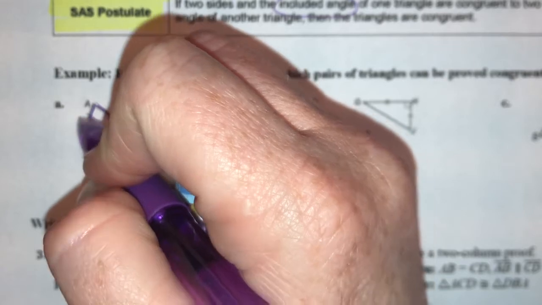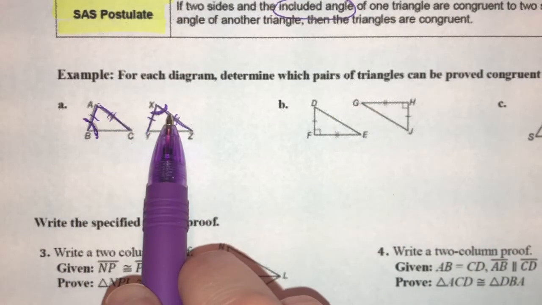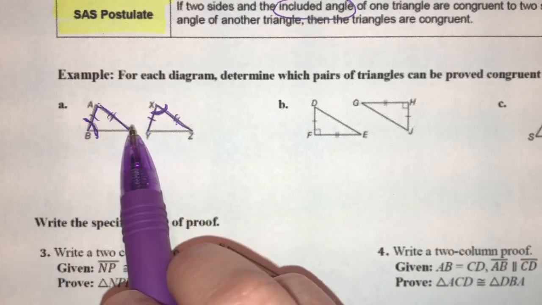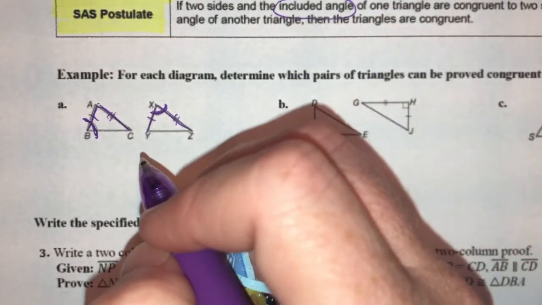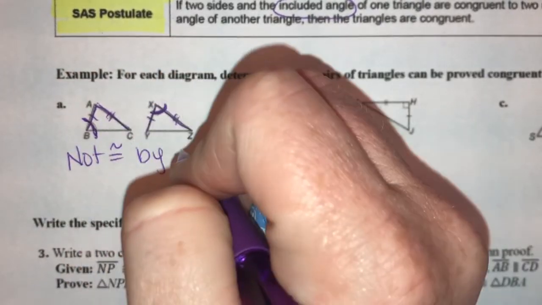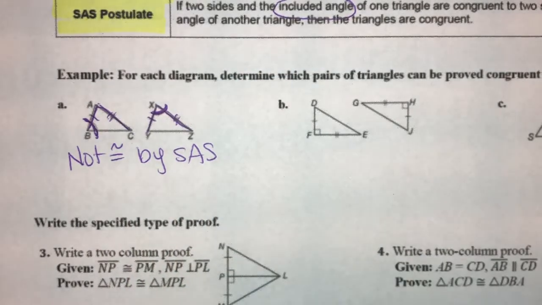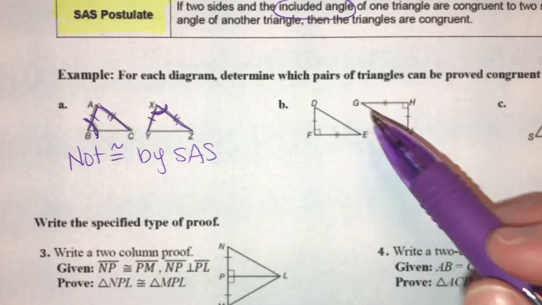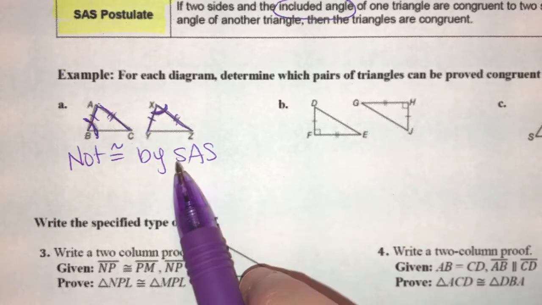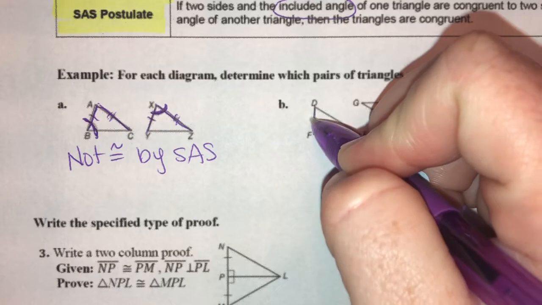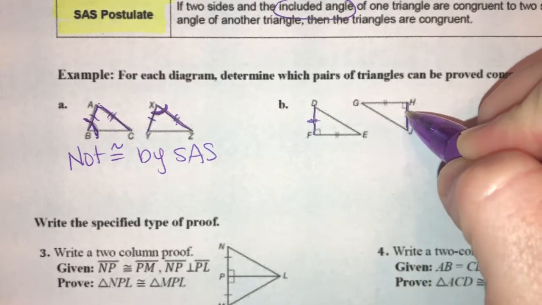Over here, it's a different angle. So since they're not the same, this one's side, angle, side, but this one's angle, side, side, we cannot mark these congruent. Not congruent by side, angle, side. It has to literally have a side, an angle, and a side in order. It doesn't matter whether you're reading a triangle clockwise or counterclockwise, but it has to be in the order SAS.